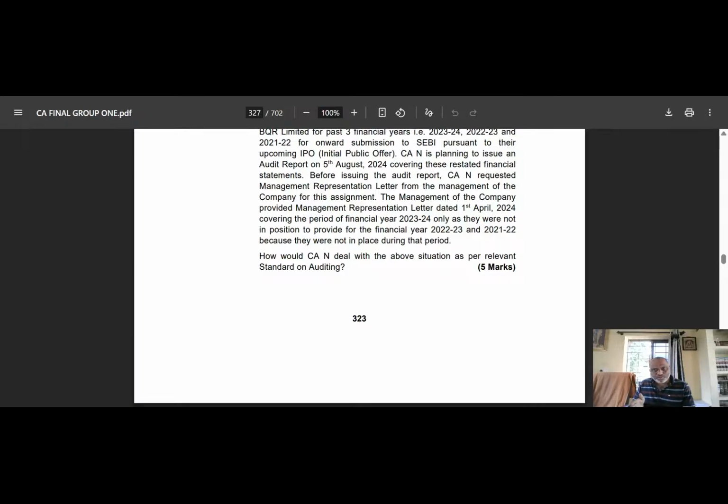So he requested the management representation letter from the management of the company for this assignment before issuance of the report. The management of the company provided the management representation letter only.